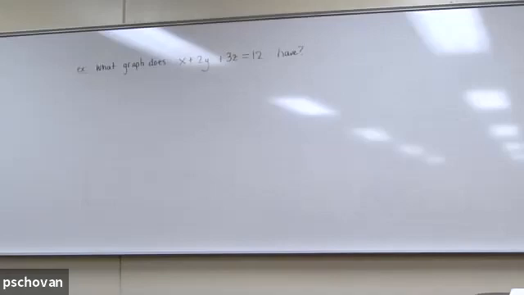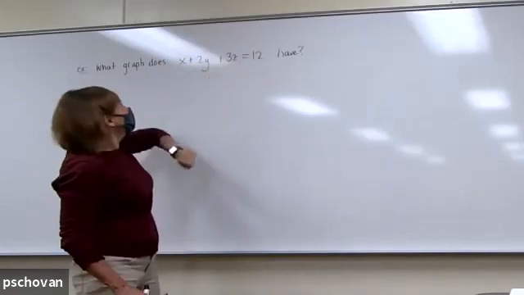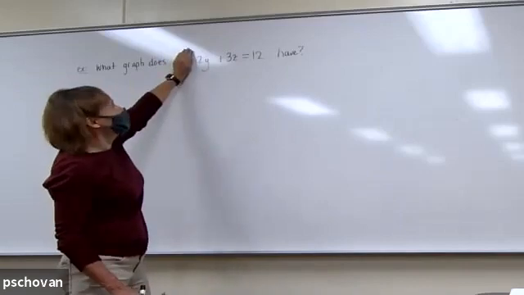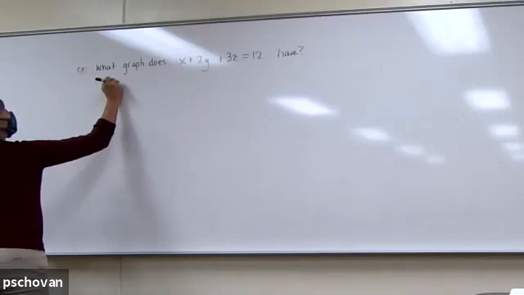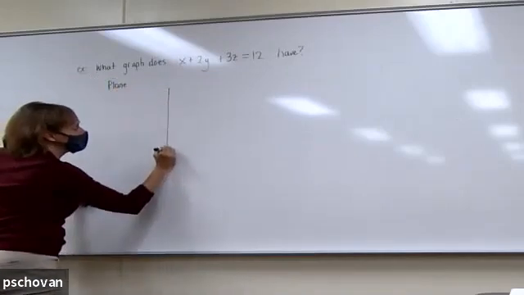When we draw planes in 3 dimensions, we typically only draw their traces in each coordinate plane. In the xy plane, it's this line. In the xz plane, it's that line. And in the yz plane, it's that line. So here's how we'll graph it.